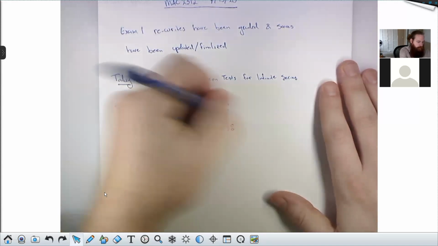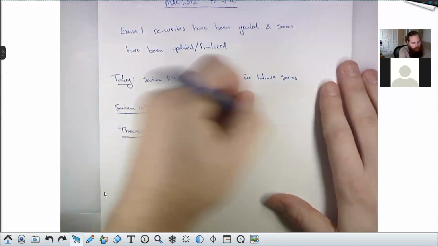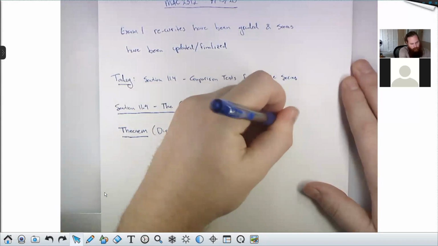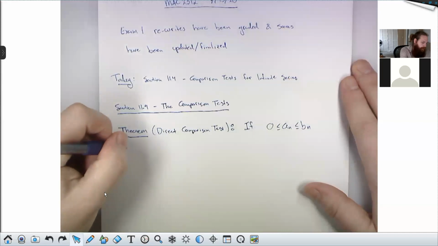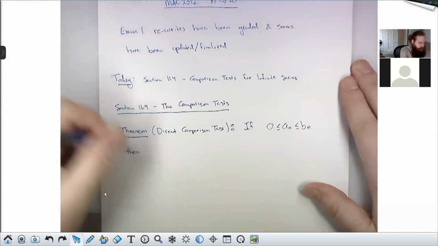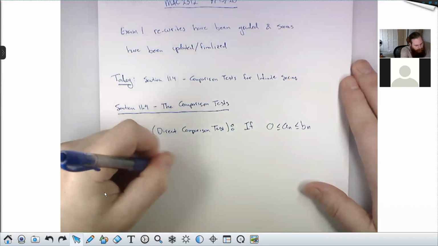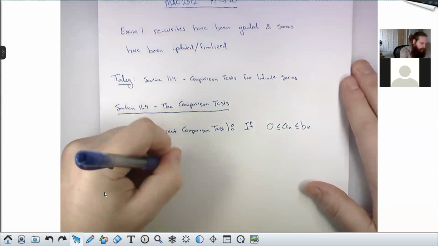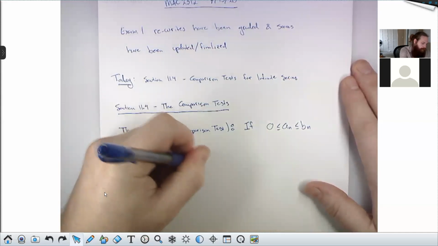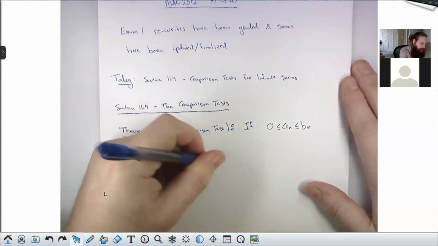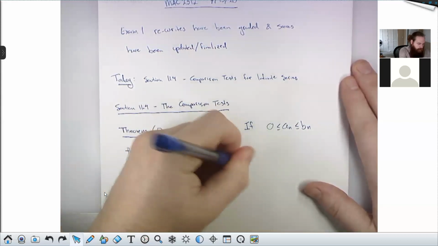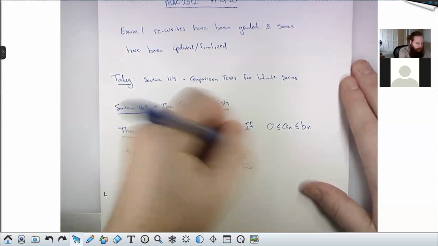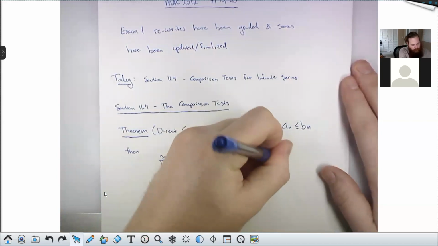And it says this: if 0 is less than or equal to an is less than or equal to bn, then sigma from wherever, I'm going to say from 0 to infinity, bn converging implies sigma n from 0 or wherever to infinity of an converges.